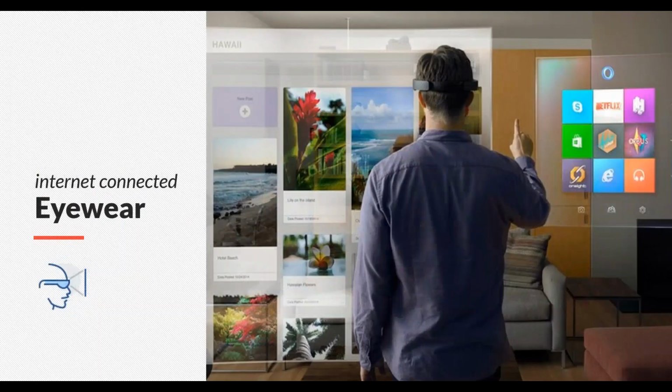And then internet-connected eyewear, which Aaron alluded to, is gaining some traction, even though there aren't a ton of products on the market currently. And while our phones are succeeding first in delivering augmented reality to the masses, a push to glasses and lenses is definitely in the pipeline, with some products currently on the market.